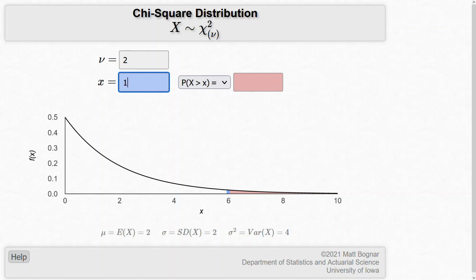I'll put in 15.2, and this applet returned 0.0005. Under the assumption that the null hypothesis is correct, we would obtain the observed data that we got in that table about gender and diplomacy versus force 5 times out of 10,000 by chance, so we reject the null hypothesis.